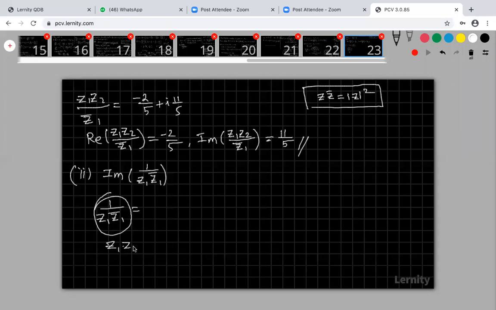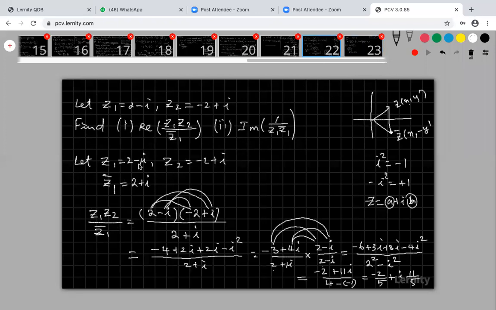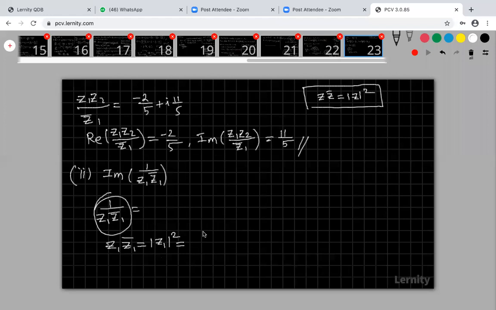What is my Z1 into Z1 bar? This is nothing but modulus of Z1 the whole square. My Z1 is 2 minus I, so this is root over 2 square plus minus 1 square, the whole square.